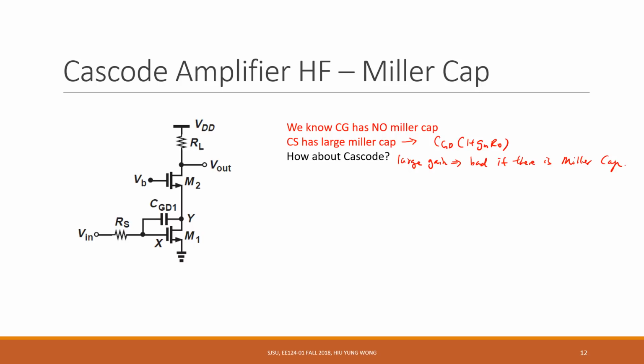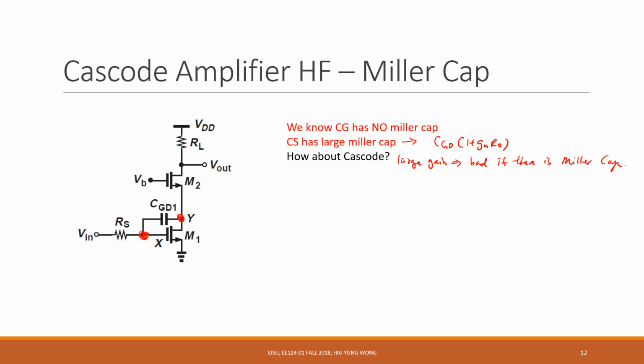But luckily, we actually have very small Miller cap. Why? Because the capacitor going to have this effect is connected from the gate to the drain of M1. But this is not the output. I don't write it here, because if I write it here you will get confused. This is not the output. What I'm trying to say is that Y doesn't have a very high gain. What is the gain from X to Y?